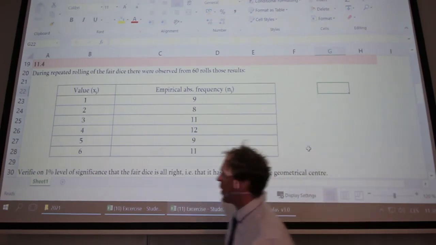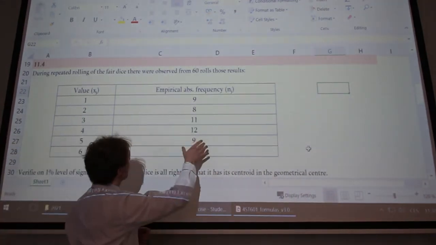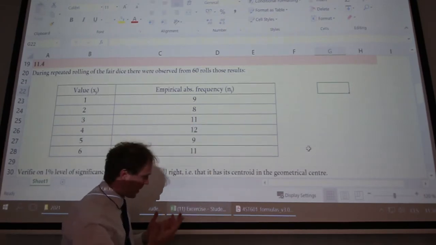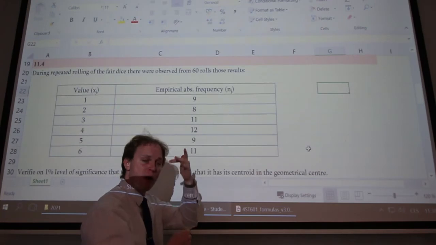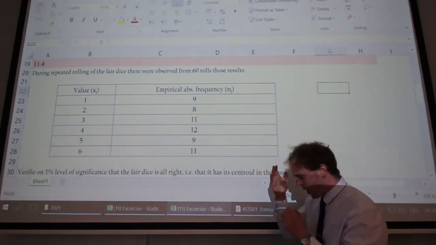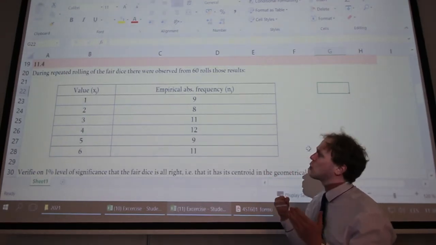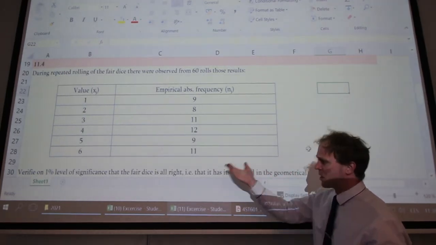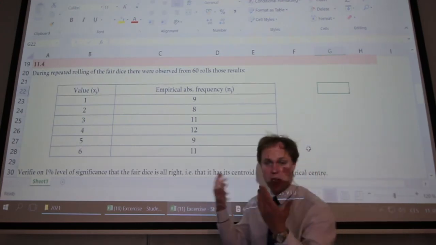So I would like to verify at the 1% level of significance that these empirical absolute frequencies are equal to the theoretical expected frequencies, which I expect if the dice is alright, meaning the dice has its centroid in the geometrical center.